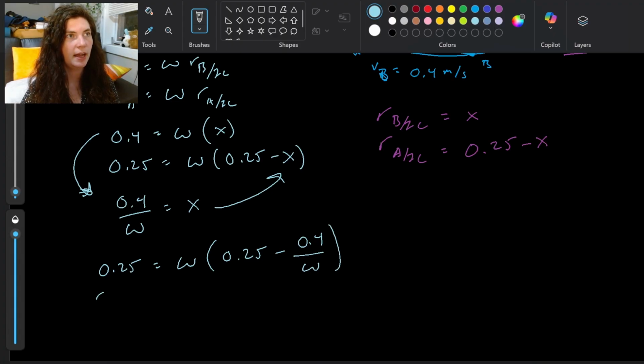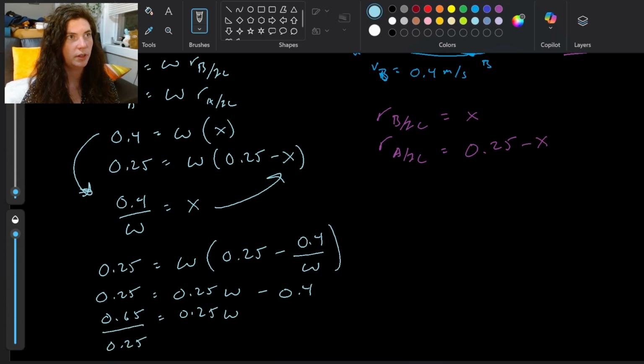And I can multiply it out. 0.25 is 0.25 omega minus 0.4. Then adding that over, I get 0.65 equals 0.25 omega.